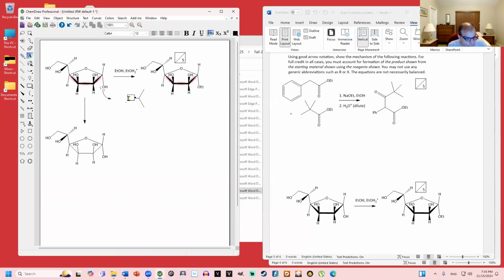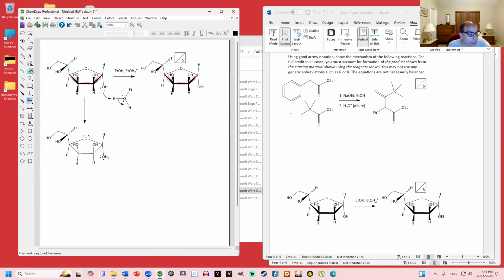In order to put that proton on, we're going to use the acid that we're given, which is the conjugate acid of ethanol, which I'm drawing over there. There's the conjugate acid of ethanol, so that's going to supply the proton. That will give us this intermediate.